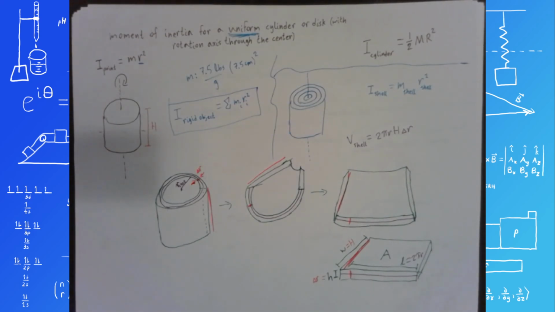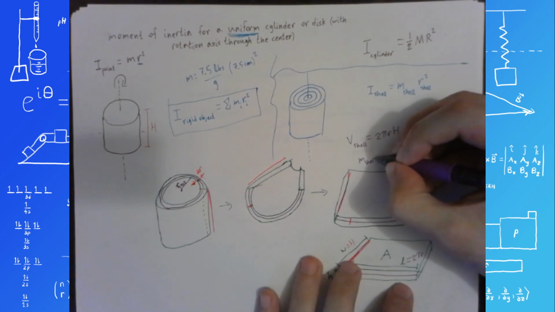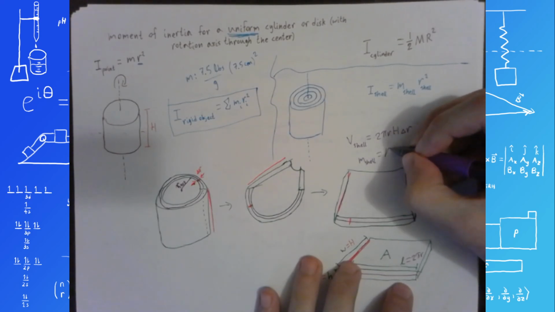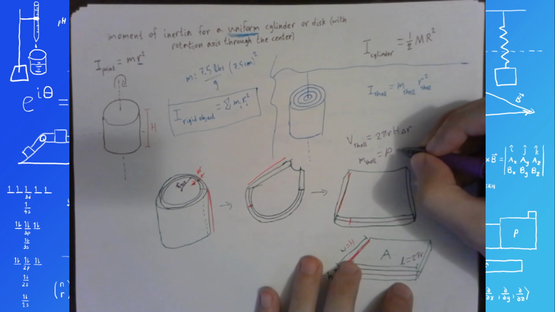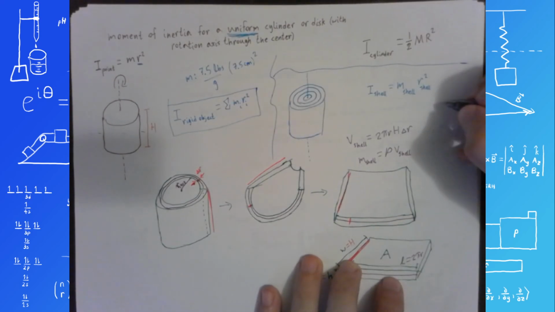Okay. Now we can get the mass of a shell, because the mass of a shell is equal to the density times the volume of a shell. And when an object has uniform density, the density is simply the total mass over the total volume.